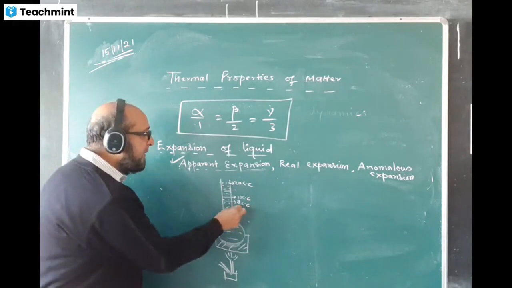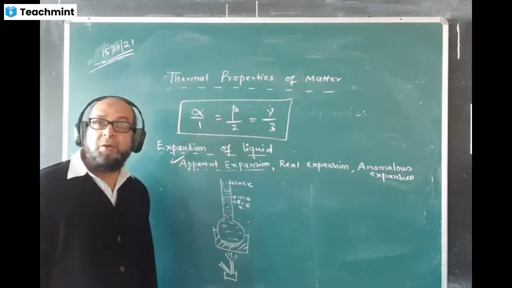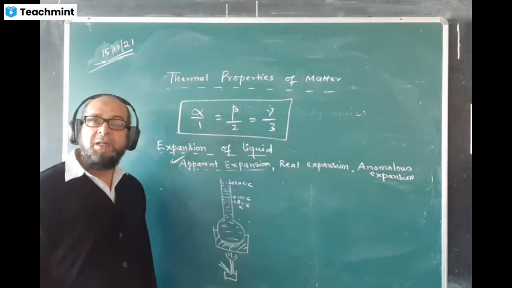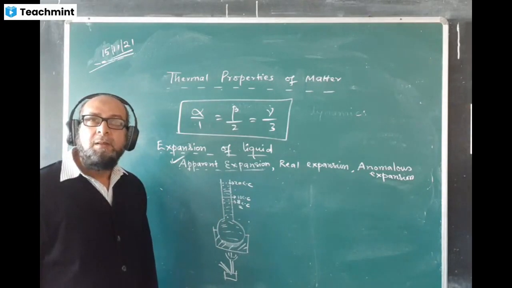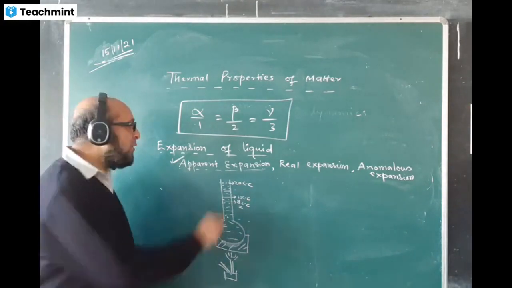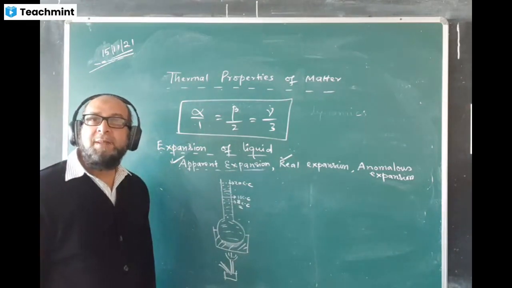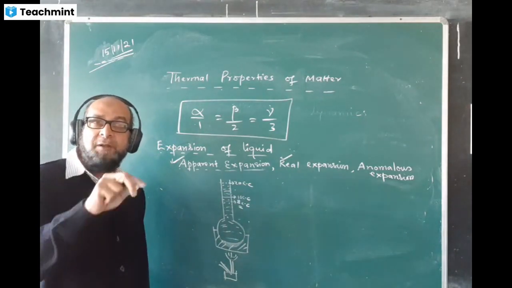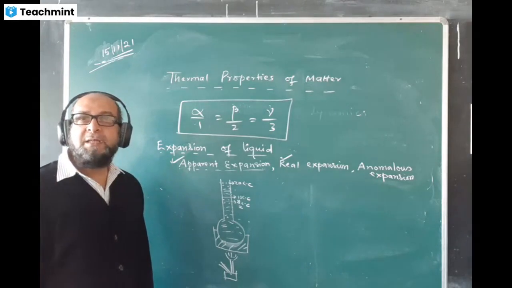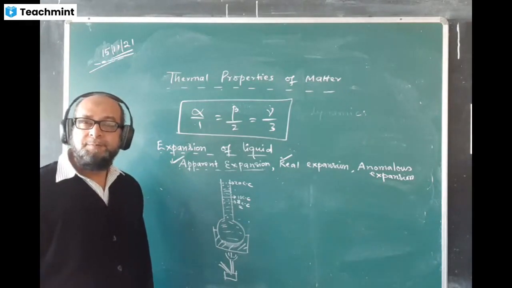Actually, 8 cc is becoming 20. It's not 10 cc becoming 20, but 8 cc becoming 20. So 12 cc. That is called real expansion. Real expansion means the expansion of the liquid plus the expansion of the container.